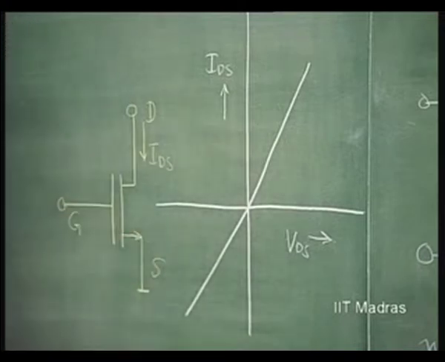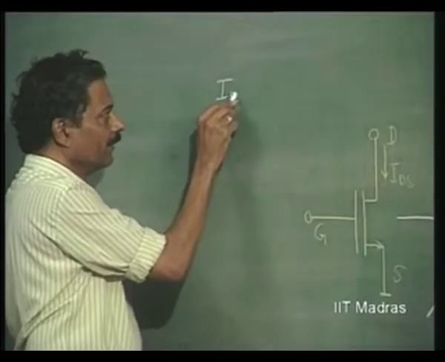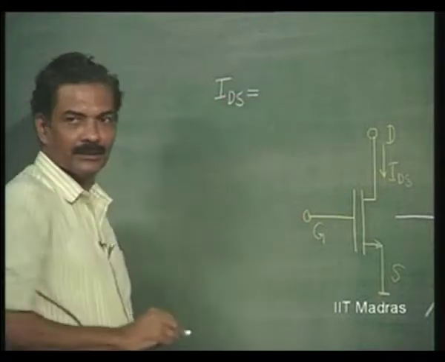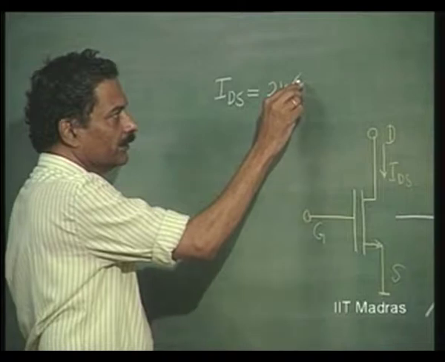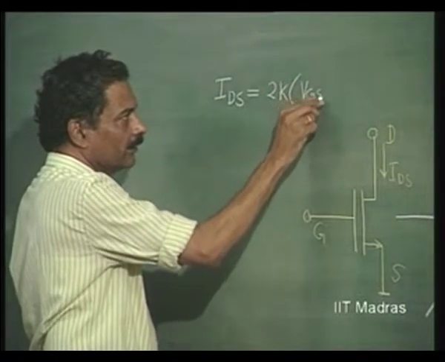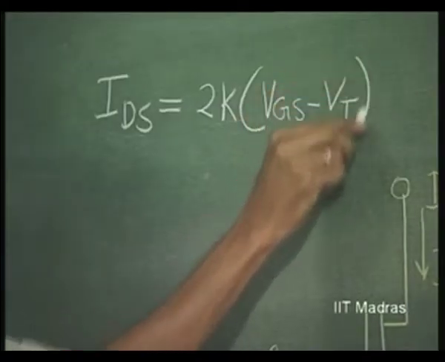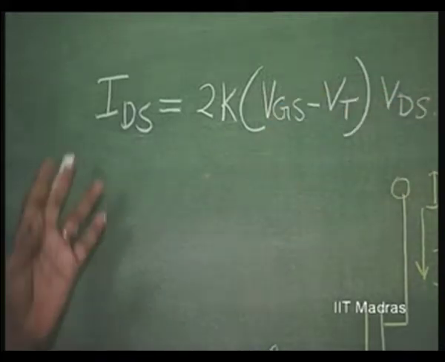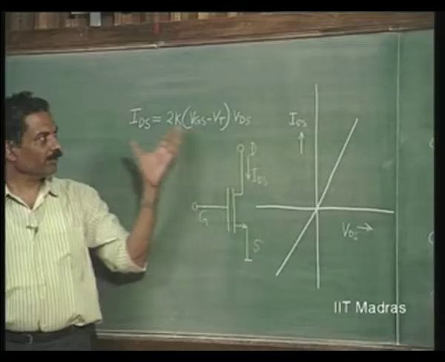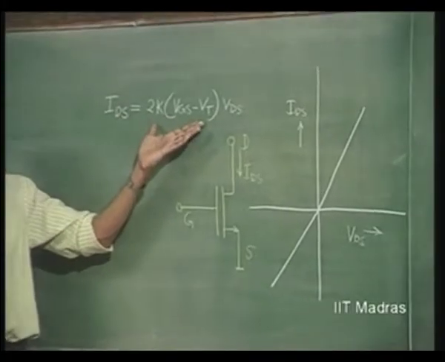As long as VDS is small, this we have understood. And we have understood also that this equation is simply governed by IDS equals 2K times (VGS minus VT) into VDS. So, please remember this linearity comes about because of this relationship.